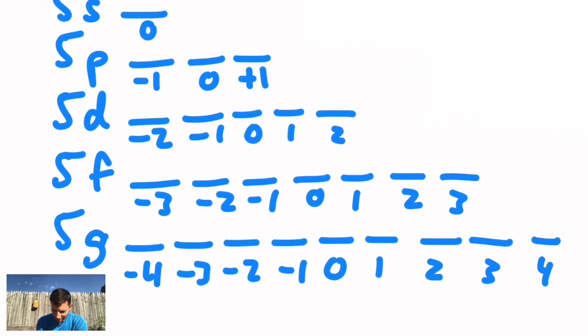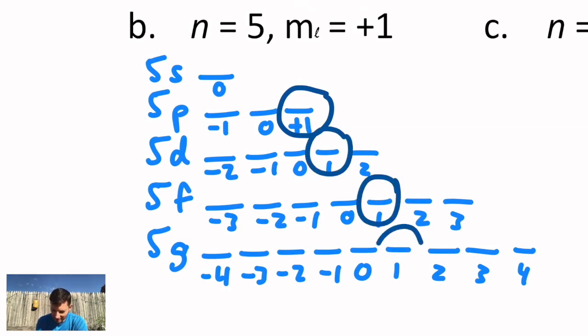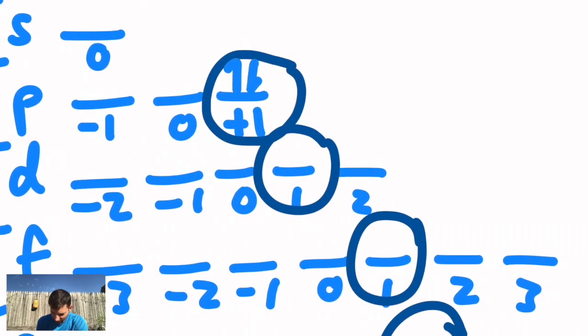So our restriction is that n is 5. All of those satisfy that. But this m sub l being only +1, that only hits that specific 5p orbital, that specific 5d, that 5f, and then that 5g. And each of those has the possibility of holding up to 2 electrons.